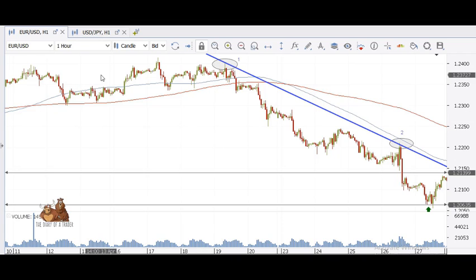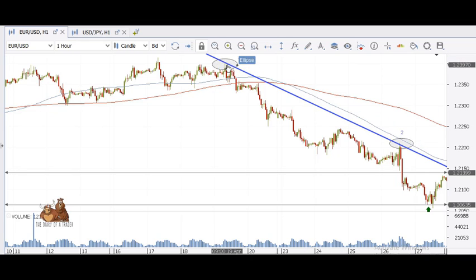So here we have a euro dollar. Here we are clearly in the downtrend because we are creating lower highs and lower lows, and therefore we are trying to identify peaks. So here will be a first peak, and then as the price goes down, we are looking for a second peak that we can connect with a trend line.